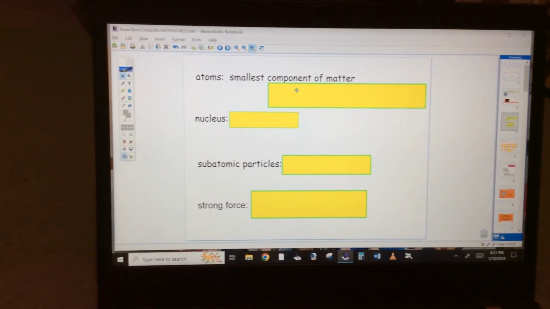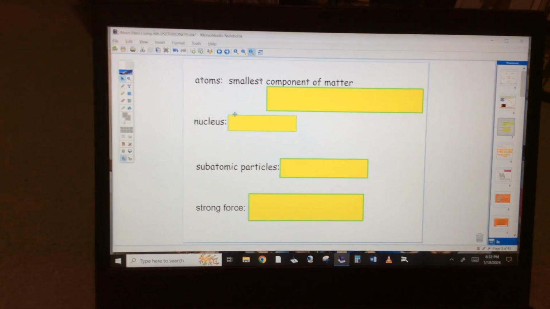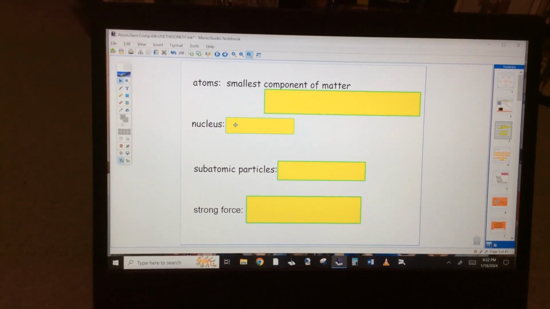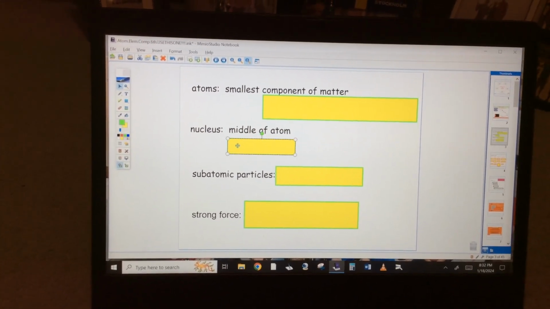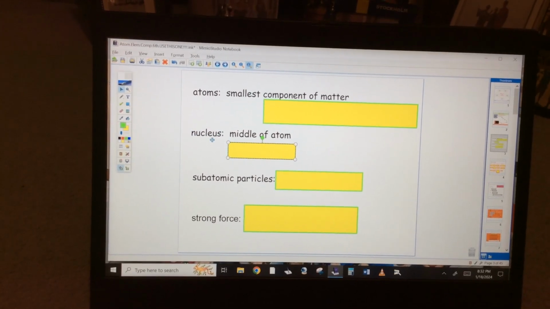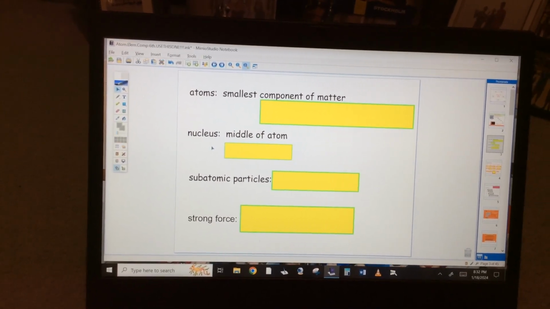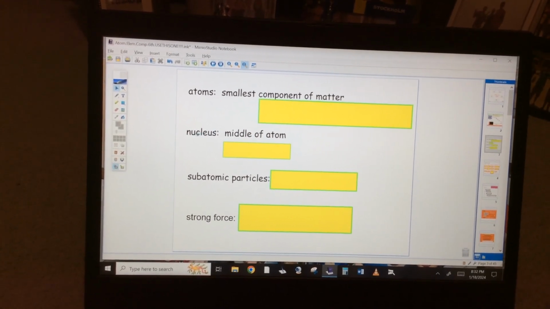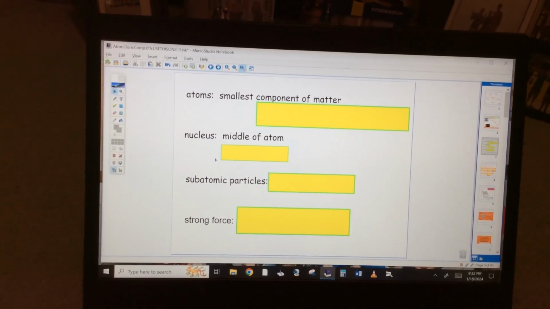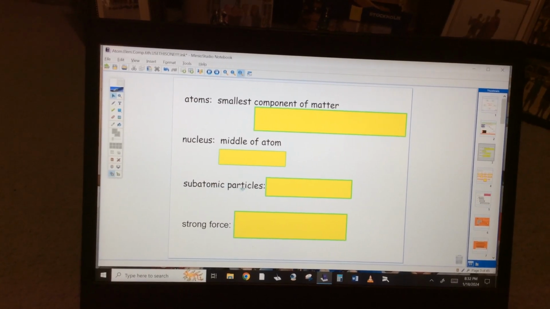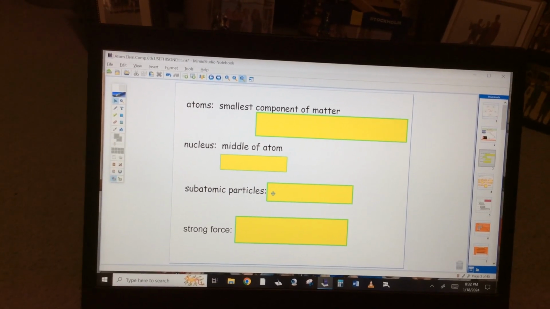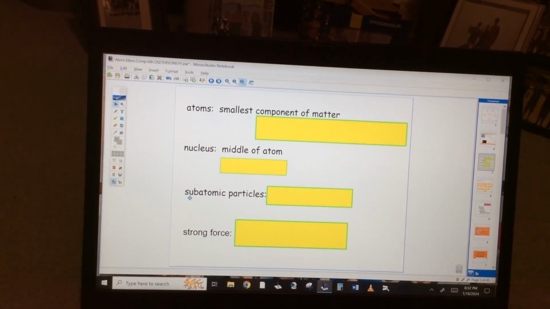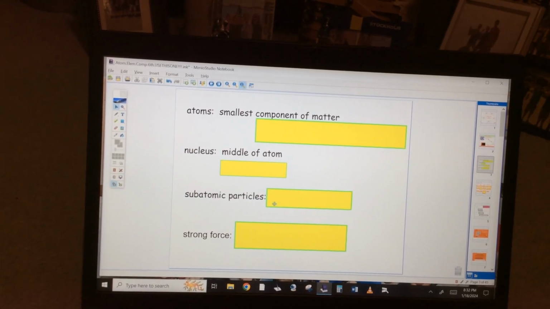We have, at this point, proved that in the middle of every atom is a location called the nucleus. So that's one vocab word you'll have to put in your notebook and in your brain: the middle of the atom is called the nucleus. The other word we're going to constantly be using is subatomic particles.